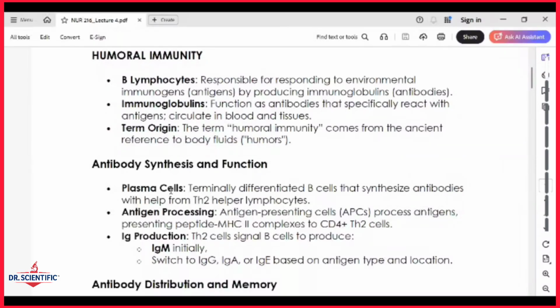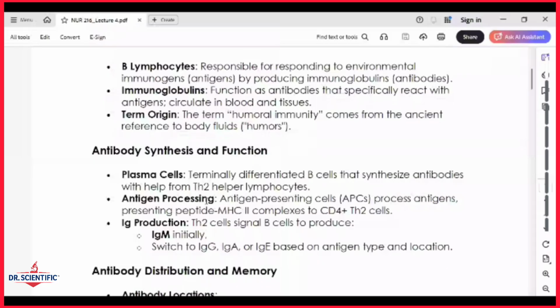And this plasma cell is able to synthesize antibodies with the help of Th2 helper lymphocytes. Just like Precious has told us, Th2 cells are going to secrete interleukin 4 as well as interleukin 10 for these particular antibodies to be synthesized.